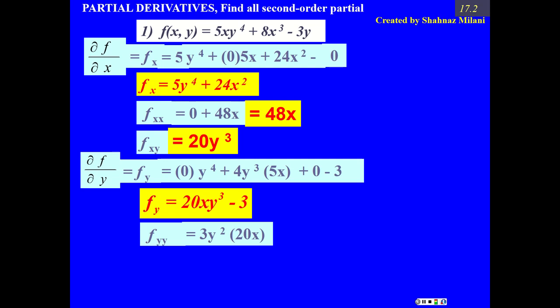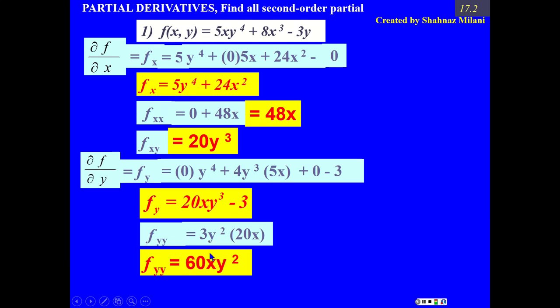I'm not going to even bother to write it down. The derivative of y to exponent 3 based on y is 3y to exponent 2 times the first, which is 20x. The derivative of any constant is going to be 0. Now, right here, clean up. 3 times 20 is going to be 60xy to exponent 2.